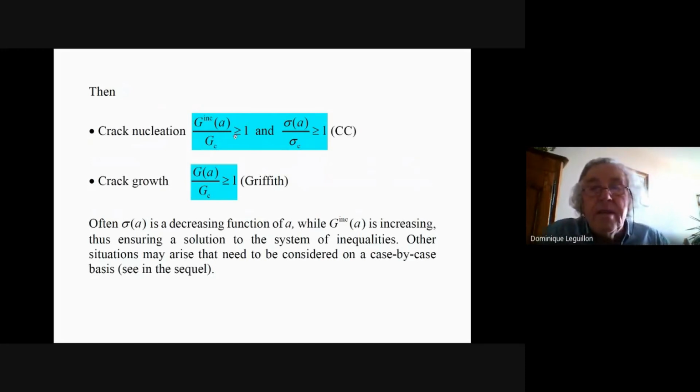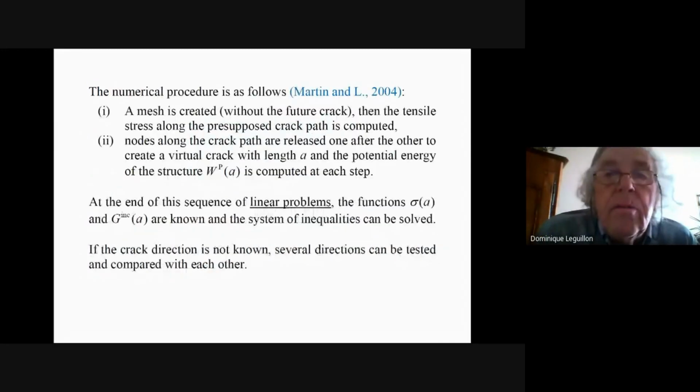We will see later how to do that. But remember that in general, it's possible to calculate A in this system. And in other cases that will be seen later as well, we have to analyze the solution case by case.